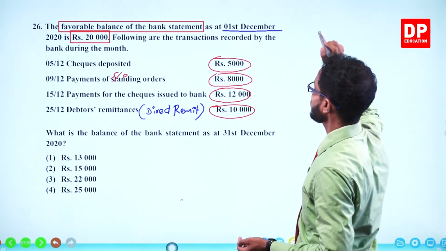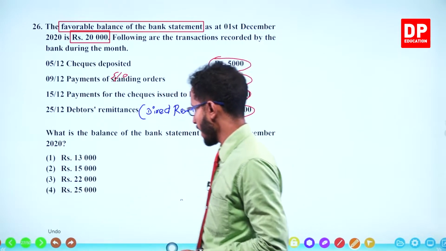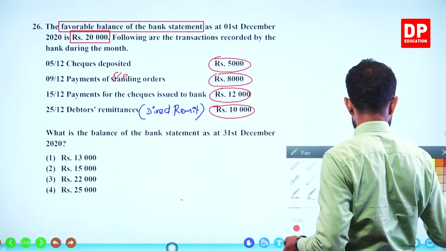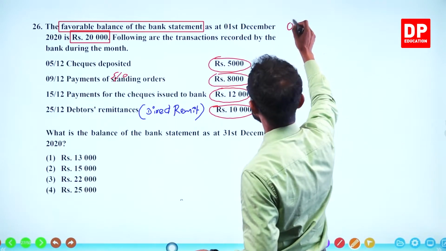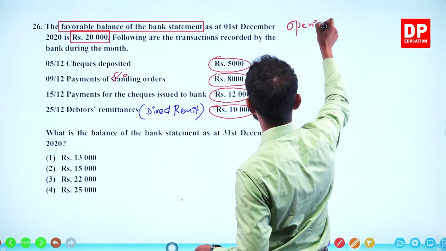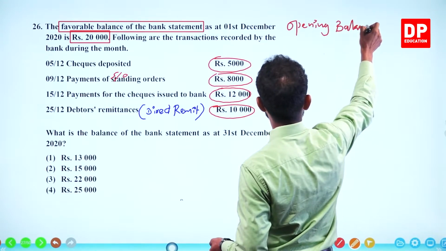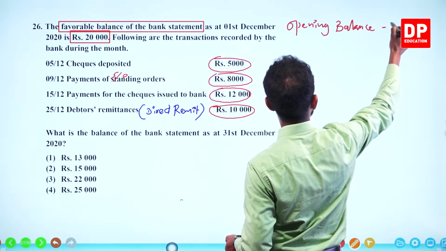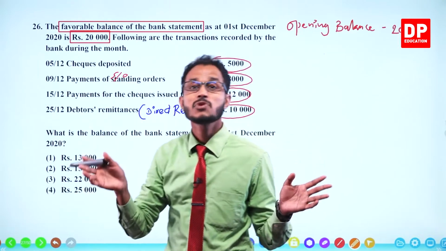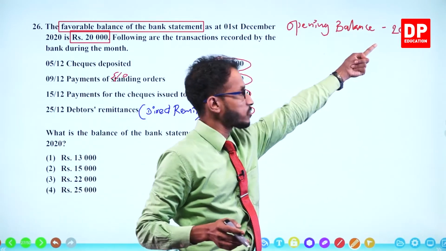At the beginning it was 20,000. This is the opening balance, or balance brought forward, 20,000.